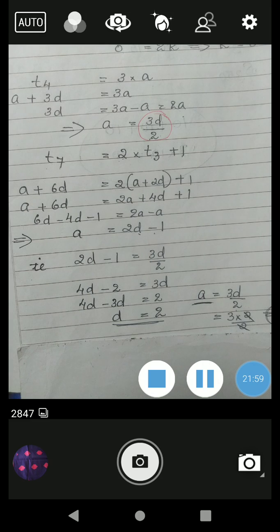And one property of AP is T2 minus T1 is equal to T3 minus T2. And the first term is A, second term is A plus D, third term is A plus 2D, etc. Remember all these things. Okay, thank you.